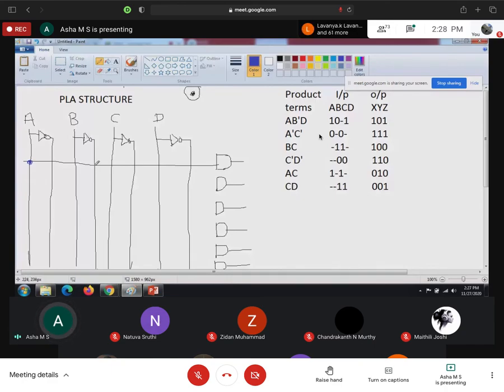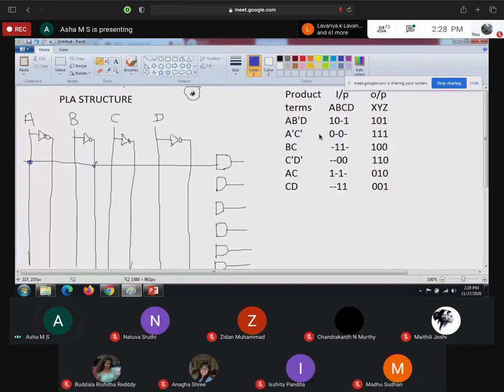Where will I get B bar? Here I will get B bar. Next is D. Where is D? Here I have D. So these are the three inputs I am giving to this first AND gate. The first AND gate is a three-input AND gate. As a product, here I will get A B bar D.